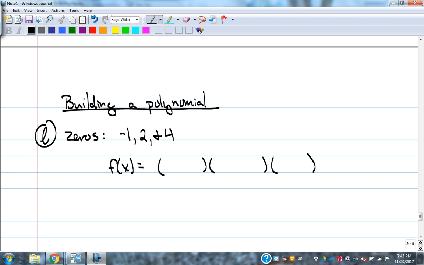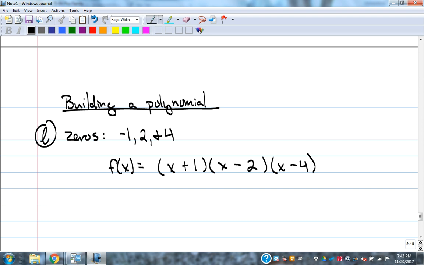What's the factor that goes with negative 1? X plus 1. What's the factor that goes with positive 2? X minus 2. What's the factor that goes with 4? Here's that factored form coming back up that we started the night with. Okay, we're working backwards though. We've got the factored form to start with. Let's find the original polynomial.